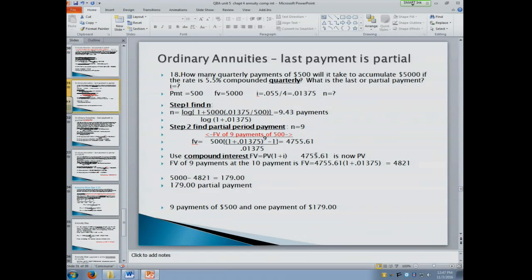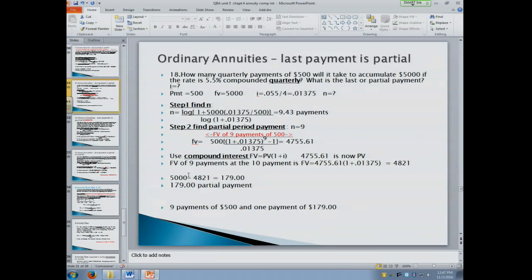For this last partial payment, we use the compound interest formula. This future value now turns into the present value in the formula, times 1 plus I raised to the 1, and that equals 4,821. So the future value of those full $500 payments is 4,821.